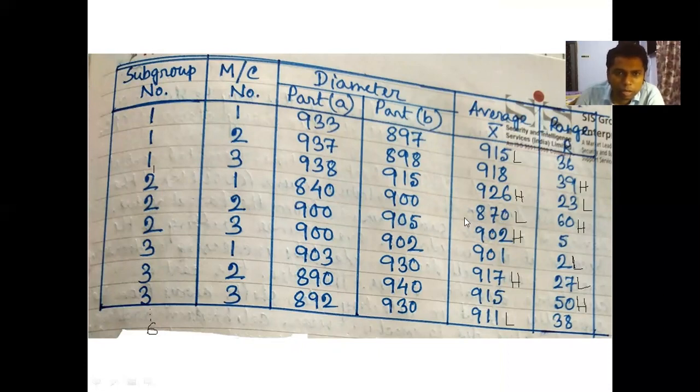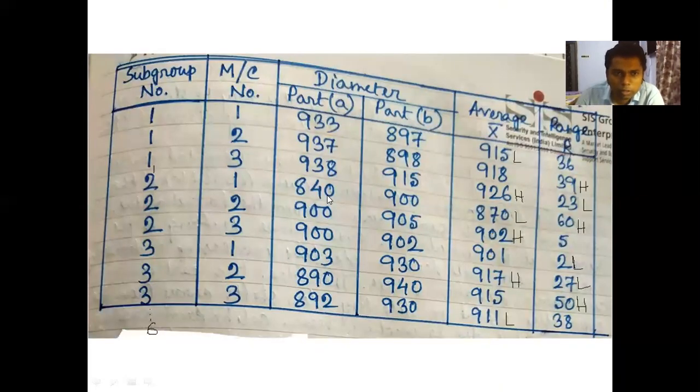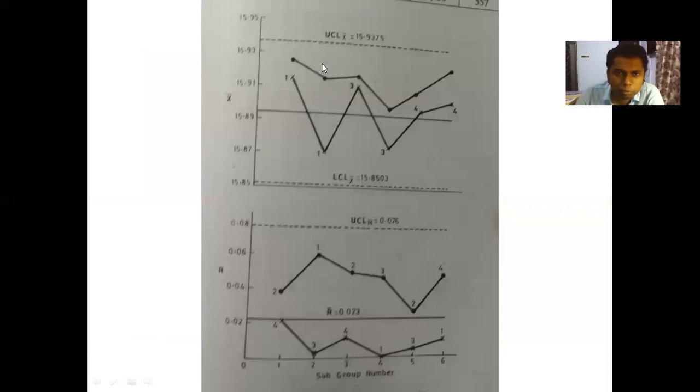So again it will be 1. The highest value is given by machine number 2, so you put 2 here.